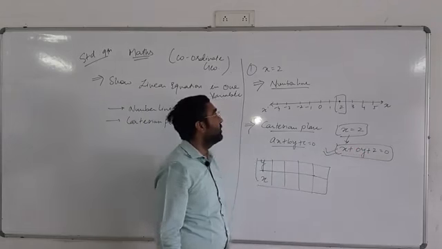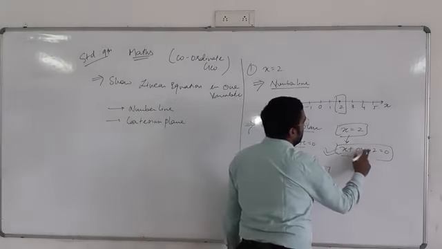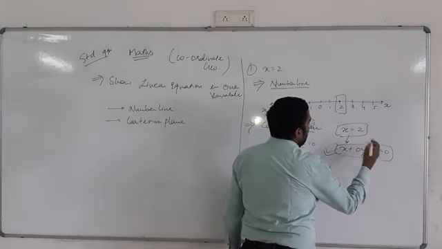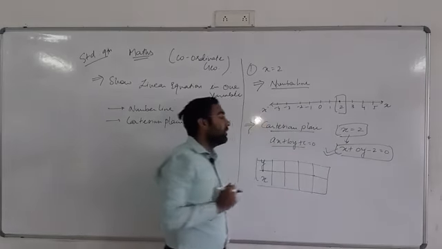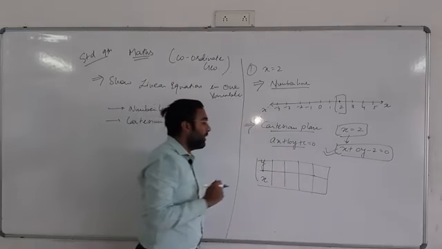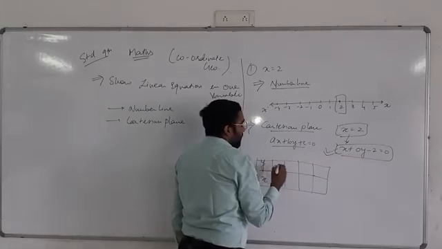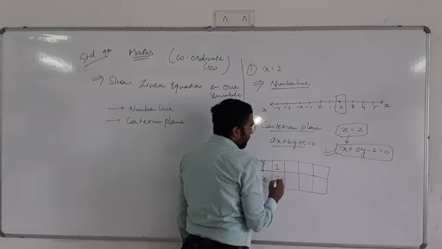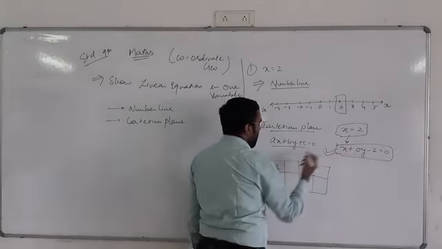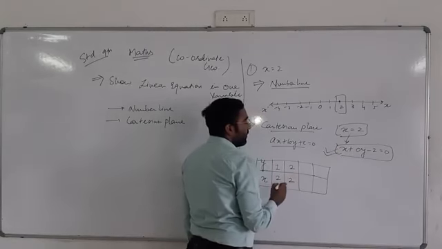There is a mistake in my question: my linear equation in two variables is x plus 0y minus 2. So when I take y equal to 1, I get x equal to 2. When I take y equal to 2, I also get x equal to 2.